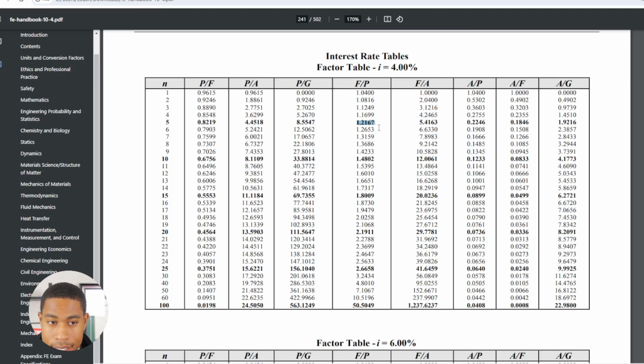And so that just means, right, that interest, that 4% interest, you have to take that into account, and your future value does increase, right? So just something to take note of. And you can really calculate a lot of different things. Like if you have a bunch of credit card debt and you want to determine some things, you can use some of these factors to really see, okay, how is this impacting me?